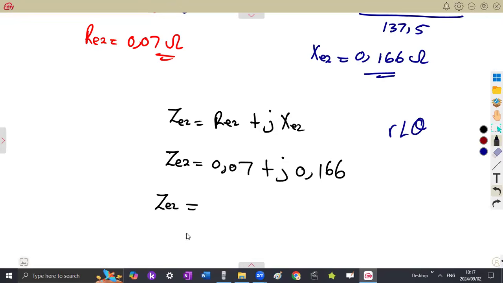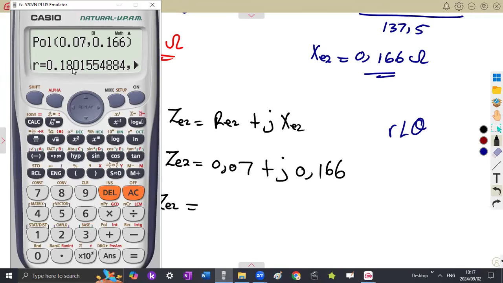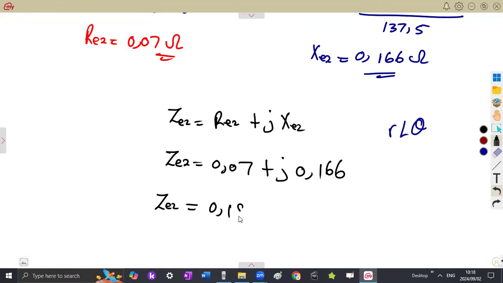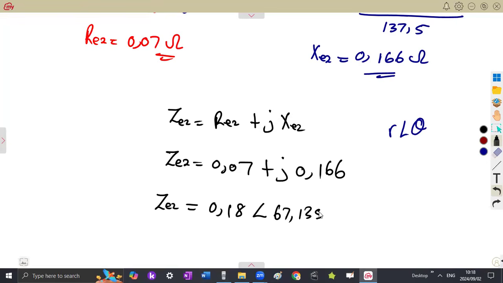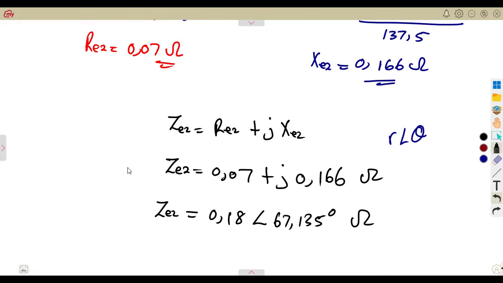R is 0.18, and the angle theta is 67.135 degrees. So this is our equivalent impedance from what we obtained as our equivalent resistance and reactance. We can have it like that, which is fine.